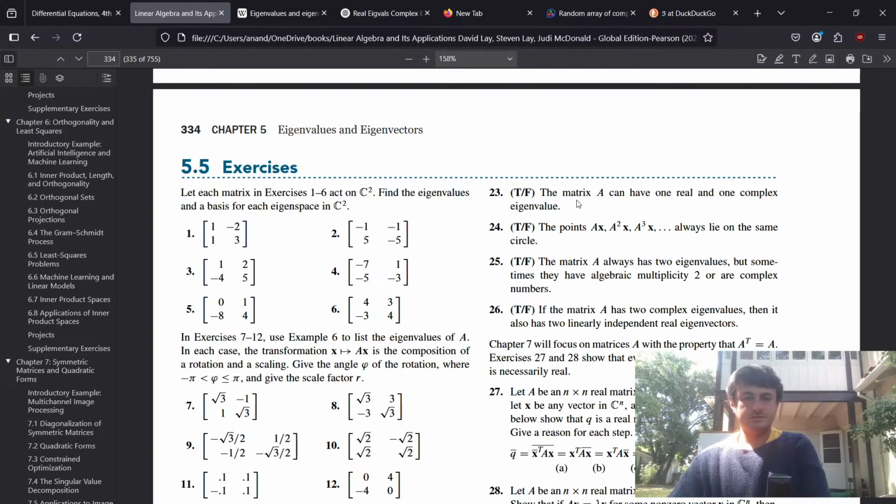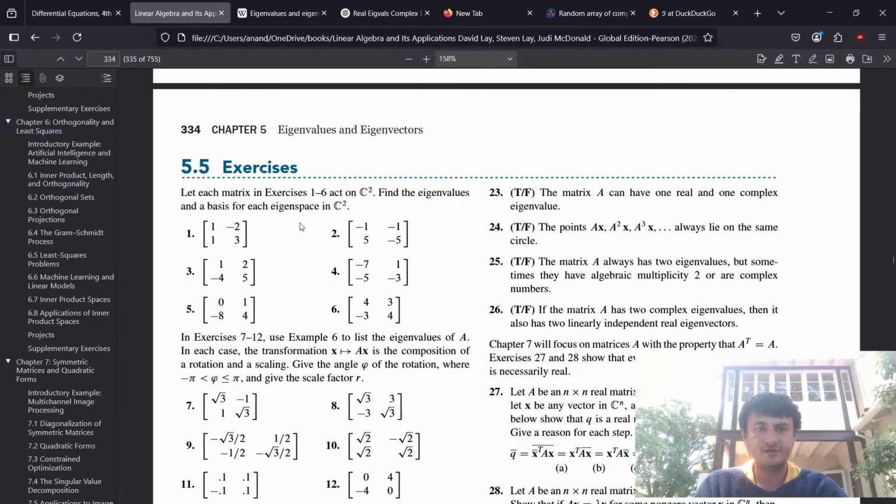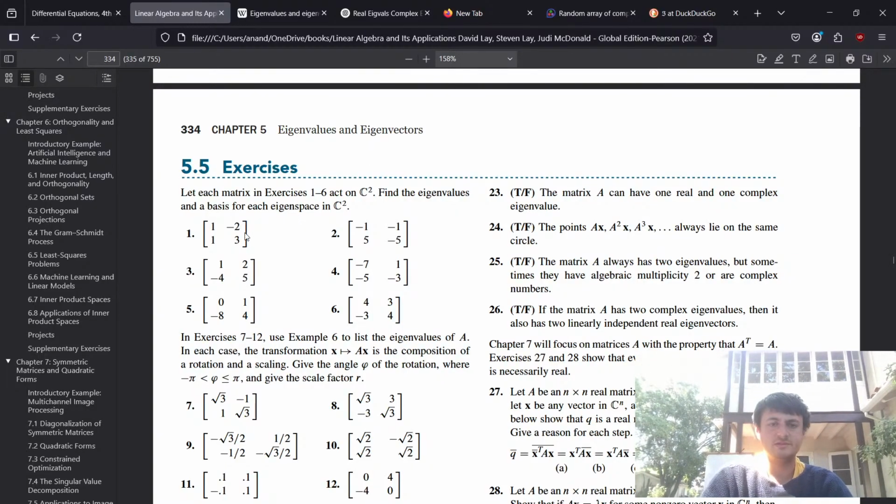All right, so find the eigenvalues and a basis for each eigenspace. I don't have my camera right now, so I'm just gonna do it by myself.